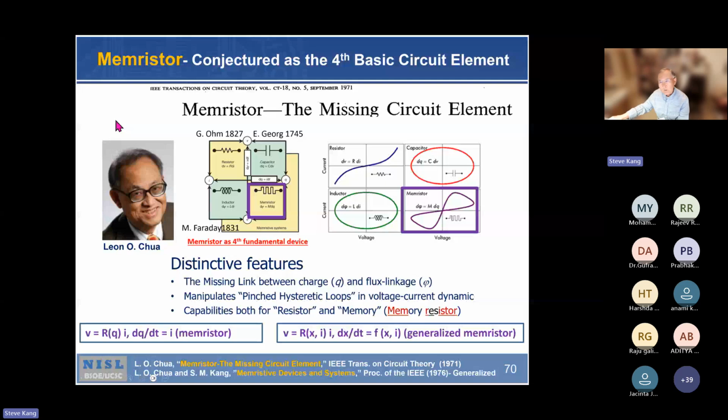Now, the voltage-current relationship of a capacitor has an elliptic shape, a Lissajous figure. And likewise, for an inductor, the voltage-current Lissajous figure also has an elliptic shape.